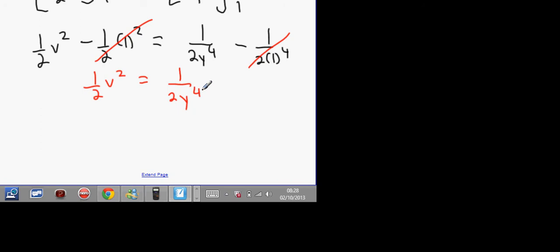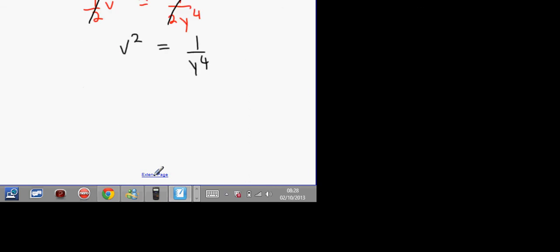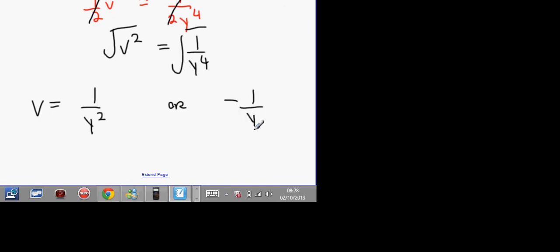We're going to get rid of the halves, and what we're going to be left with is phi squared equals 1 over y to the 4. Now let's square root both sides. When we square root both sides, what we're going to get is phi equals either 1 over y squared or minus 1 over y squared.